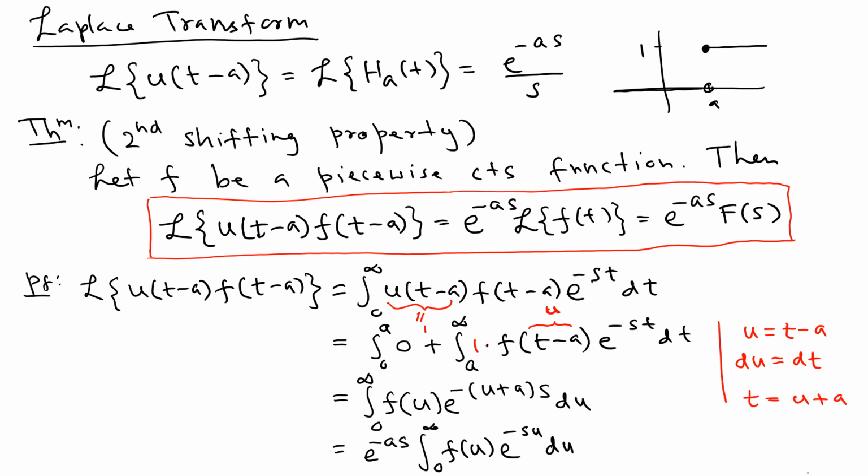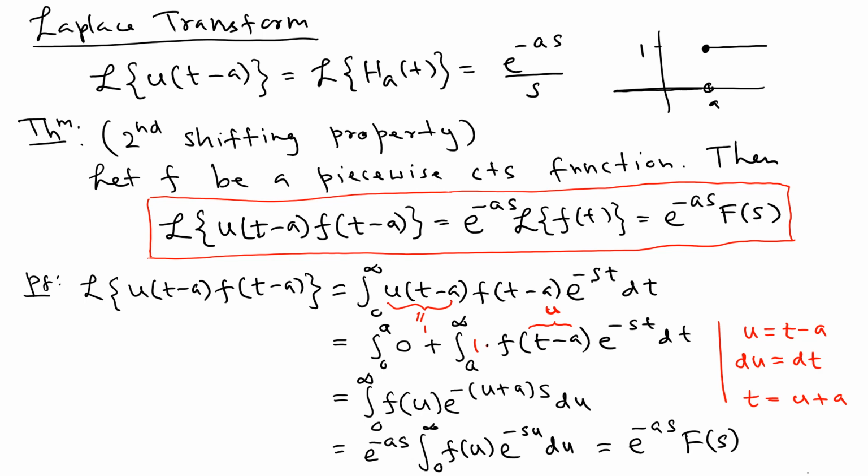And you can see that the second part is simply the Laplace transform using a new variable. It doesn't matter what the variable is when you do the integrals. So this is simply e to the minus as times F(s). Okay, so that's the proof.